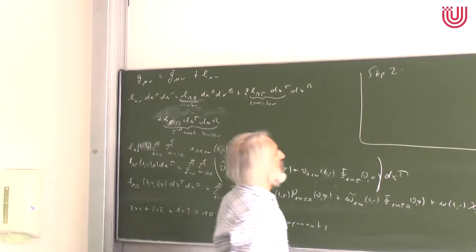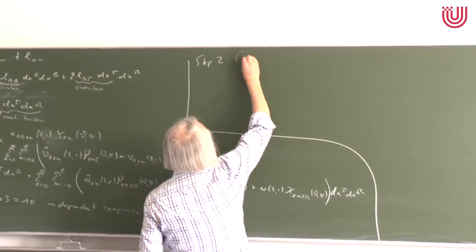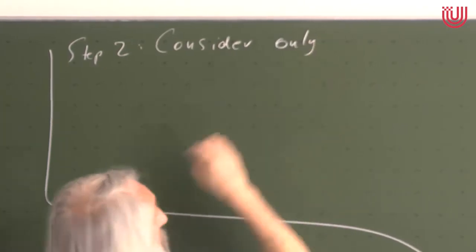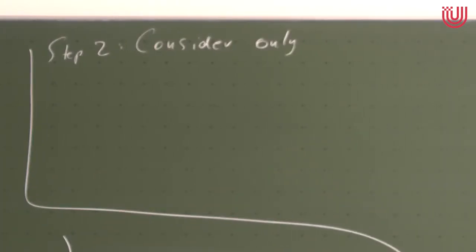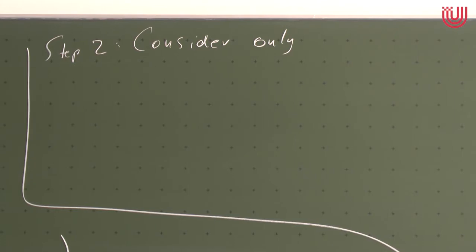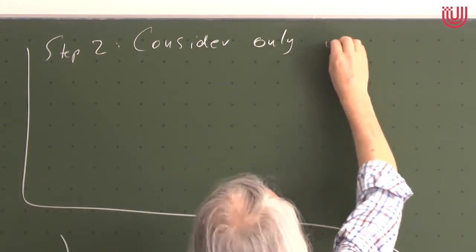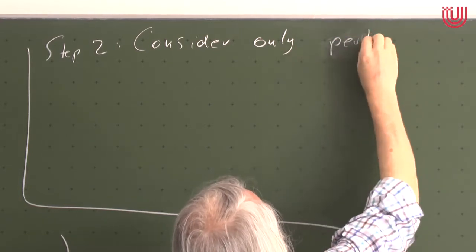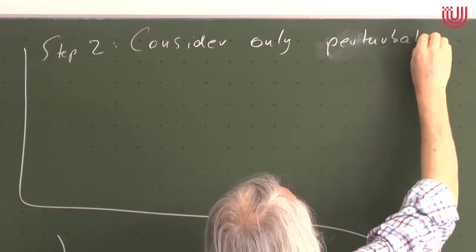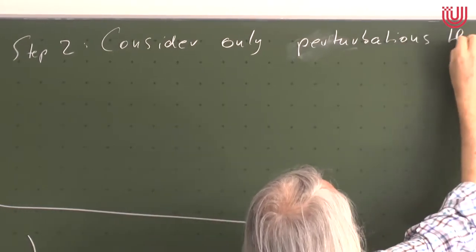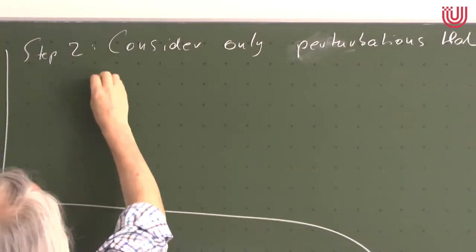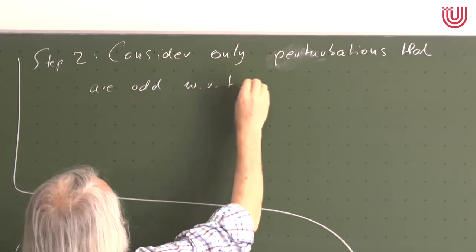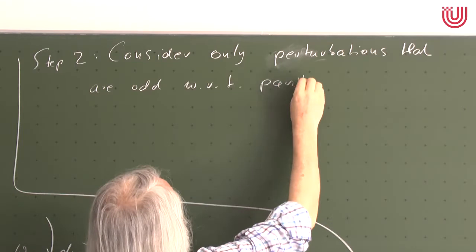So we consider only, and that's what Regge and Wheeler did in their famous 1957 paper, odd perturbations, perturbations that are odd with respect to parity transformations.